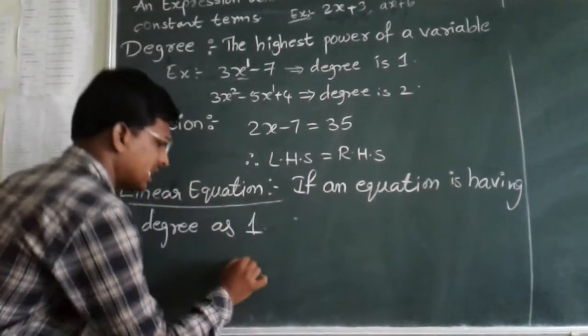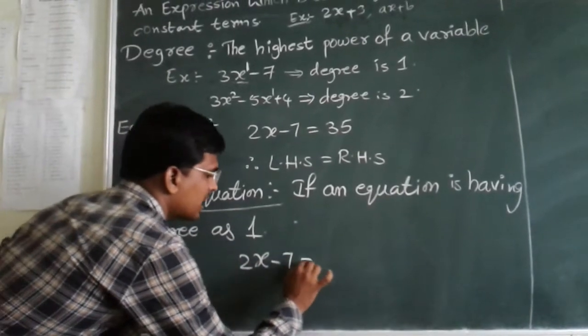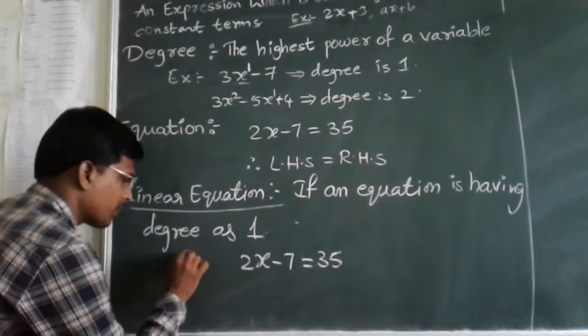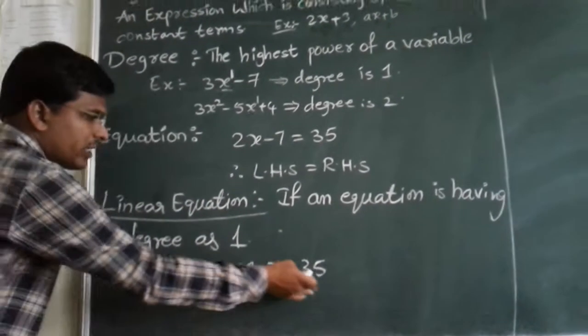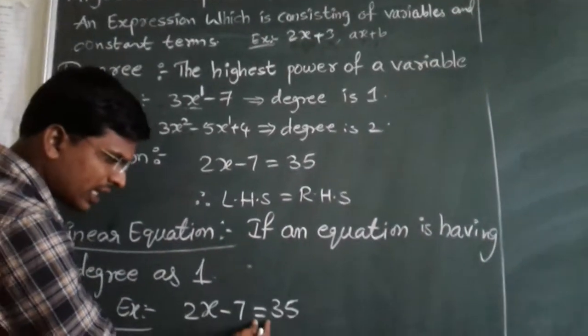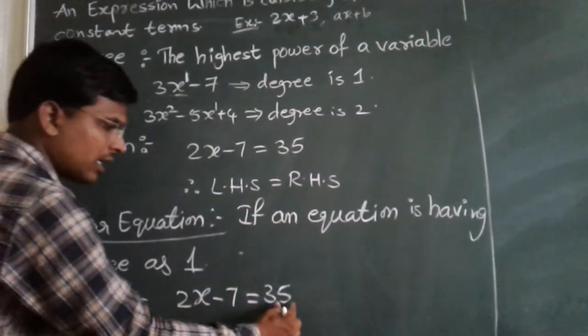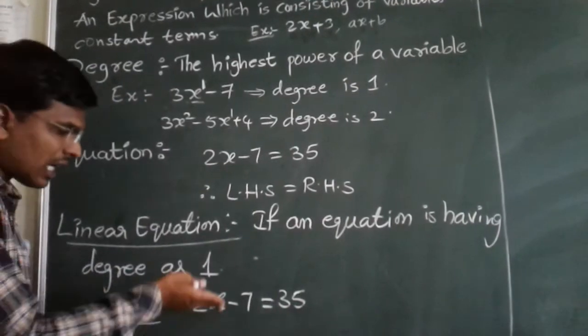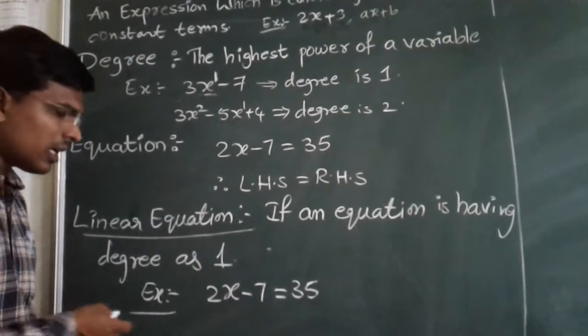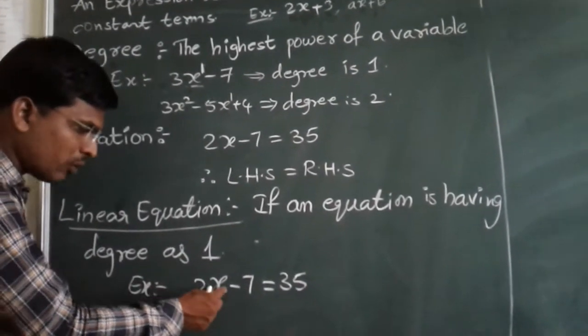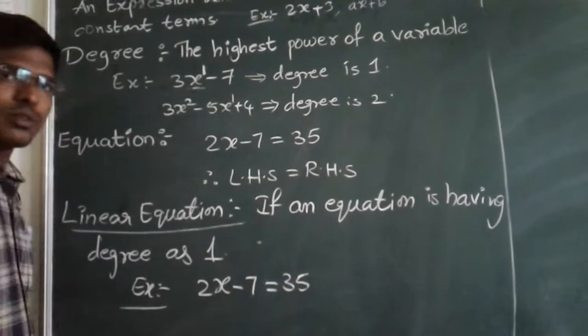For example, take 2x minus 7 is equal to 35. This is the equation. Why? Because with the equality sign we have something on the left hand side and something on the right hand side, and it is also an algebraic expression because it involves the variable x and constant terms.